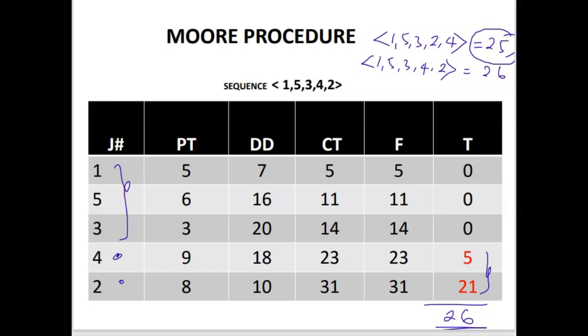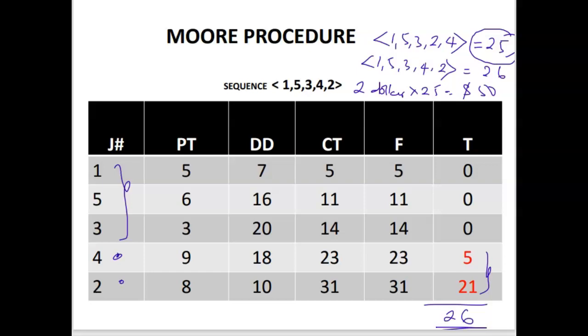Now, the essence of this is this. If you are to pay $2 per tardiness, in this first scenario, you are going to pay $50 as penalty.